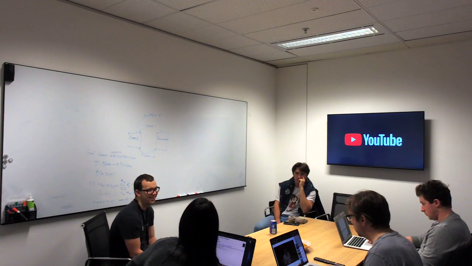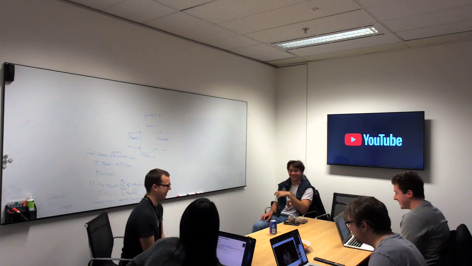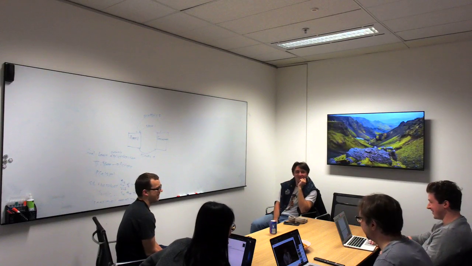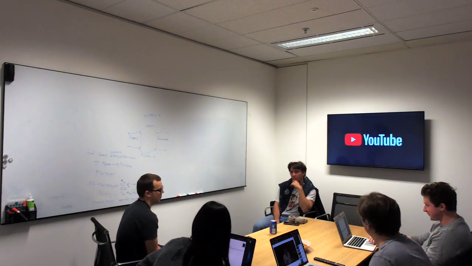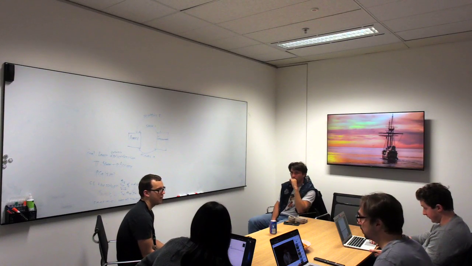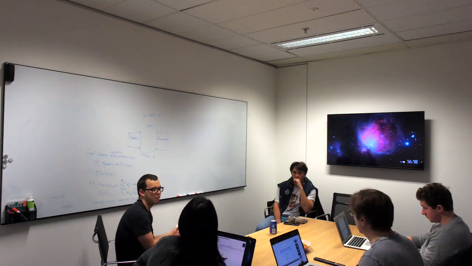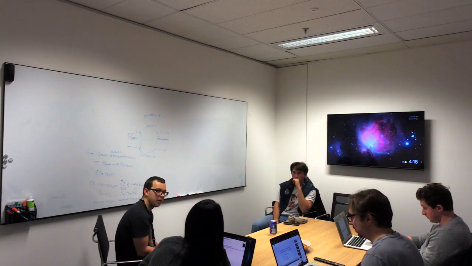Whereas with RL, no such luck. Yeah, but in principle, operations research problems can be viewed as RL problems, but there's sort of special cases that permit more efficient solutions. Yeah, that makes sense.